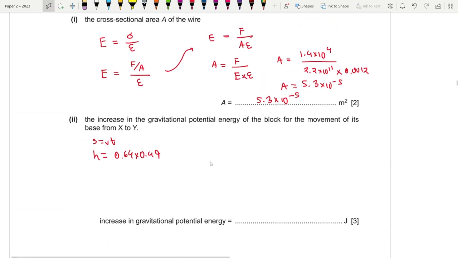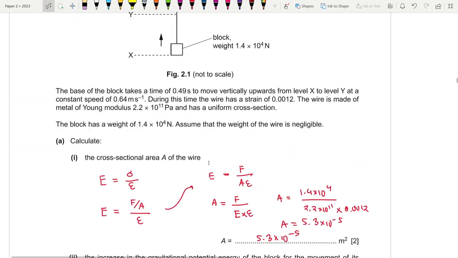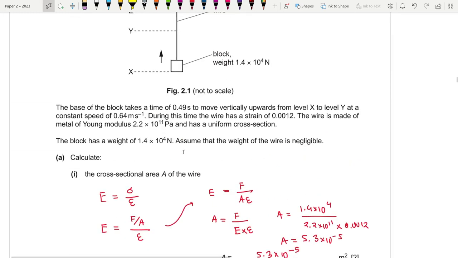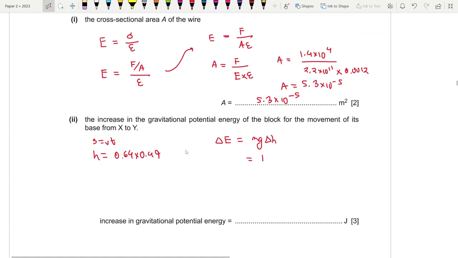Now we know that the change in energy, or basically GPE, is mg del h. So what's the mass? Oh, we have the weight, right? That's 1.4 into 10 power 4 times the change in height, which is 0.64 times 0.49.